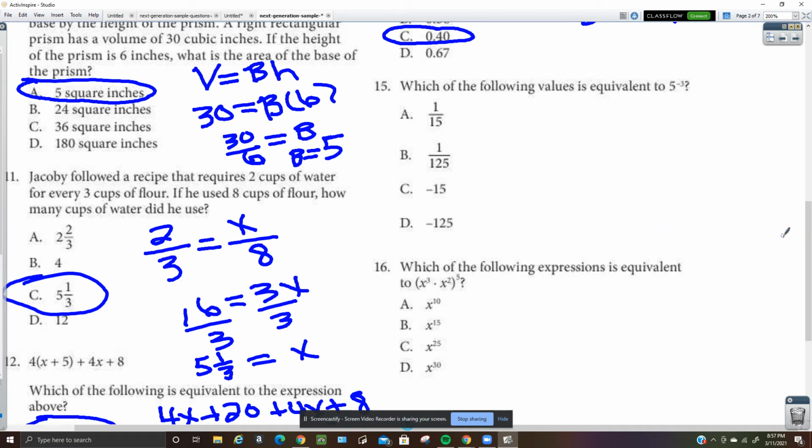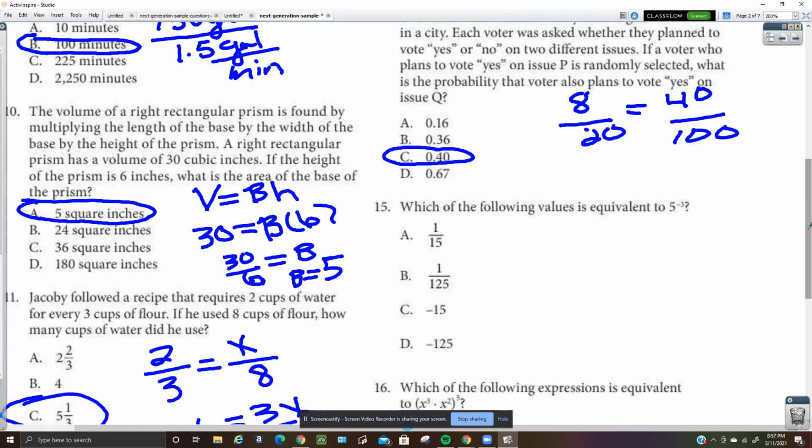What is equivalent to 5 to the negative 3? That equals 1 over 5 cubed, so 1 over 125.